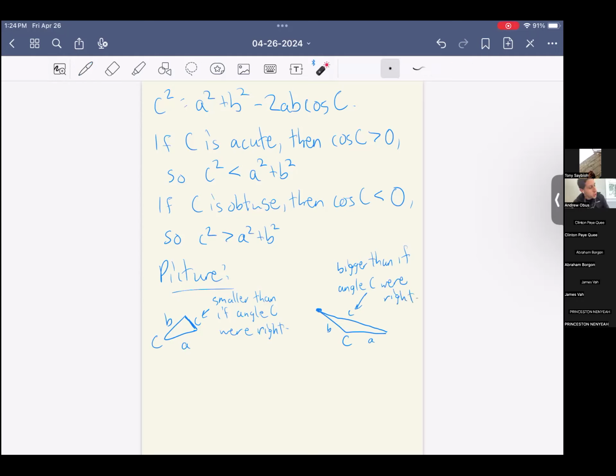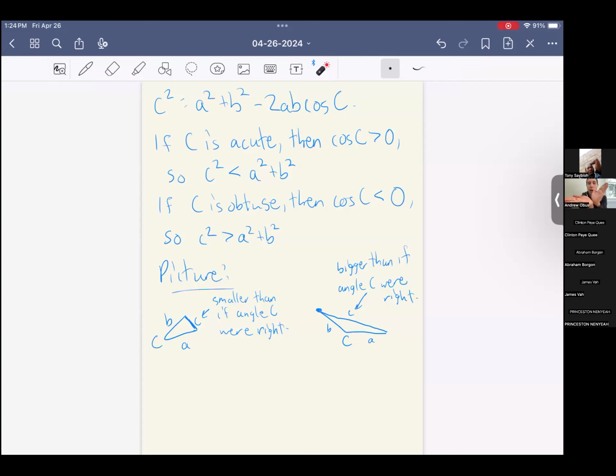You can imagine you have sides a and b lying on a hinge, and we want to know how long is side c. The smaller the angle is, the distance between these two ends is going to be very small. So if you have a very acute angle, then little c is going to be small.